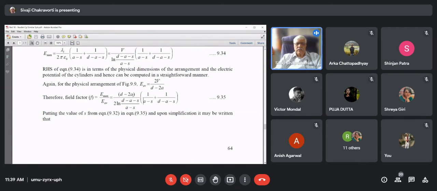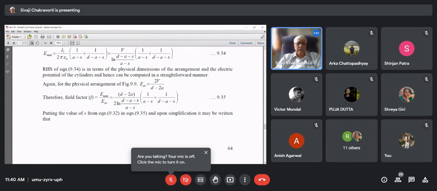And this is very important for us, because for any expression, please remember, we always try to make it in terms of measurable quantities. And in this expression, D and A are the measurable quantities. The eccentricity S is not a measurable quantity. It is a computed quantity.